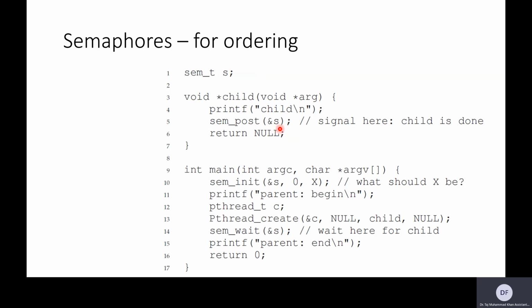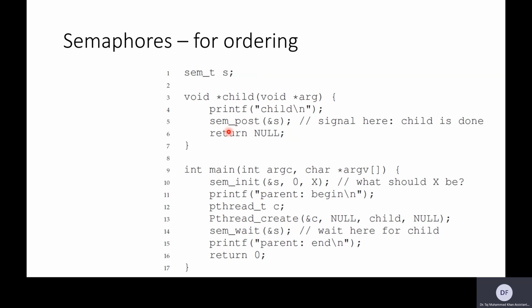and then it will return, and the child thread will end. So what initial value shall we give to this semaphore so that if the child has not finished and the main thread calls semwait, then the main thread should go to sleep until the child thread calls sempost?